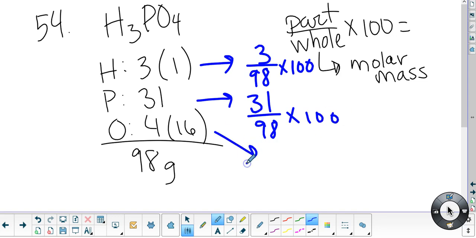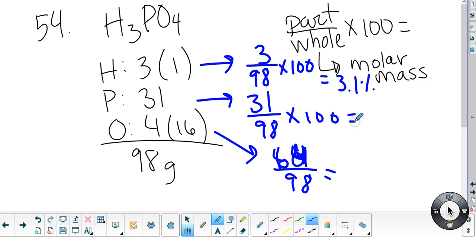And then oxygen, this is 64 over 98. So then you get 3.1%, 31.6%, and 65.3%. Okay? However many elements there are, that's how many percentages you should have.